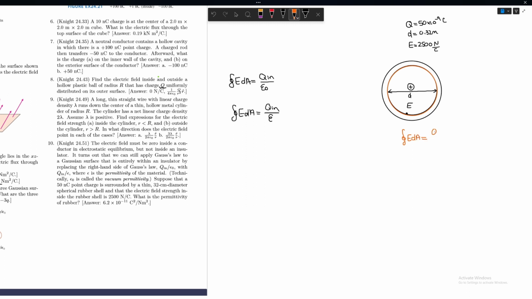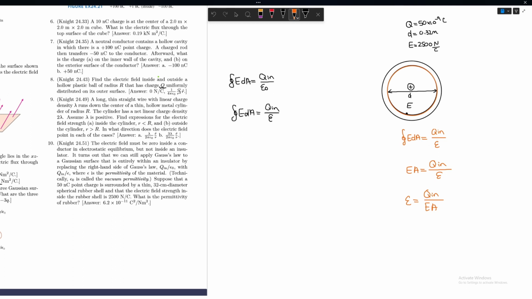And this would be my Qn over my epsilon. And now integrating this side, I'll get EA equals Qn over epsilon. And now, actually I'm supposed to flip it. So here would be epsilon, and this would be my Qn divided by my electric field times my area.